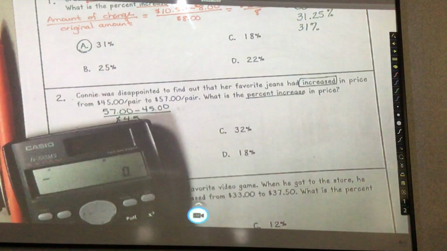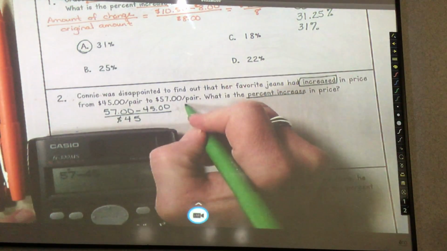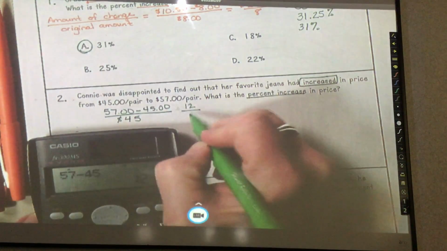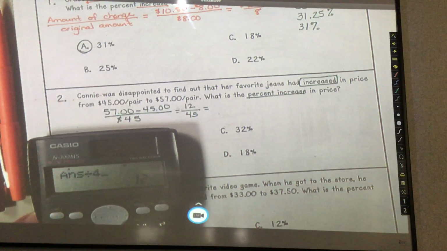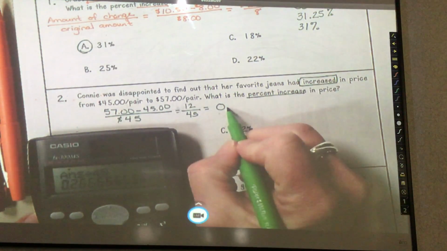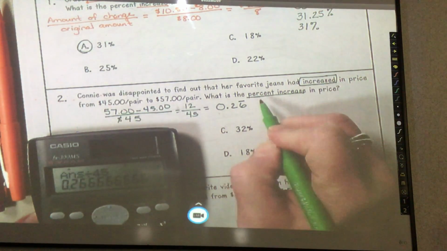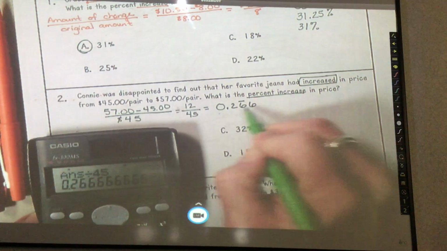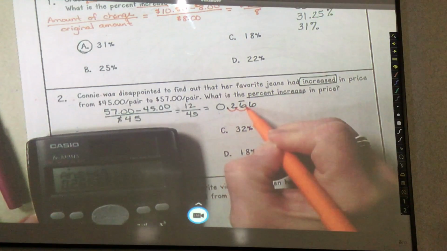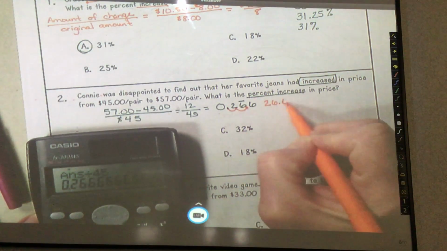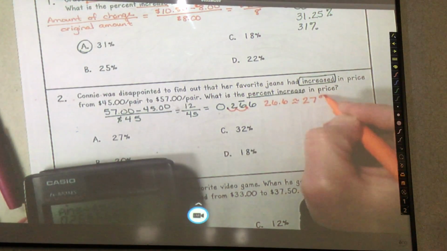So in my calculator, I am doing 57 minus 45 is $12 over $45. So then I take 12 divided by 45, 0.26 repeated, which I'm going to go over one more because I have to round it to the nearest percent. 1, 2, so I have 26.6, which is rounded up to about 27%.